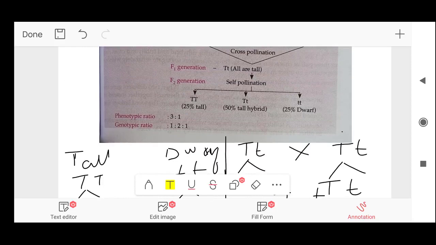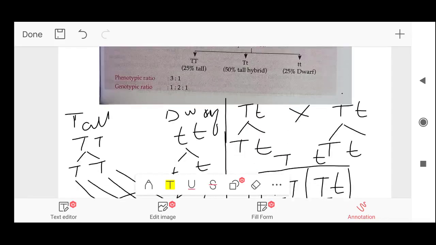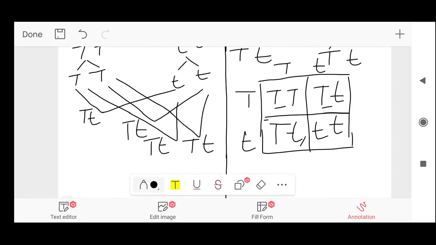Now let's see what the genotypic ratio is. See here, first there is only one plant with capital T and capital T. Again, capital T and small t, we have two plants of this type, and then small t small t, only one plant.